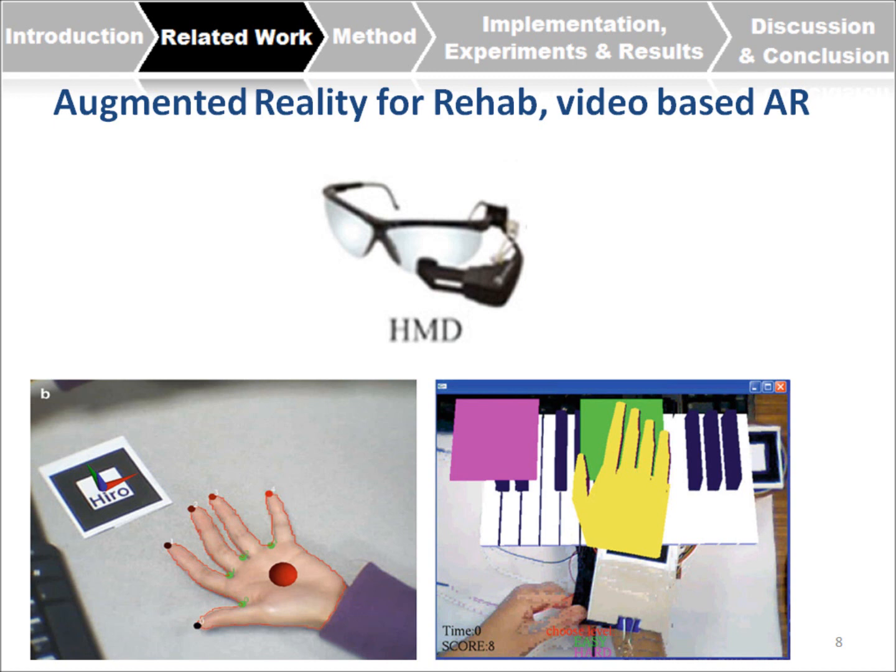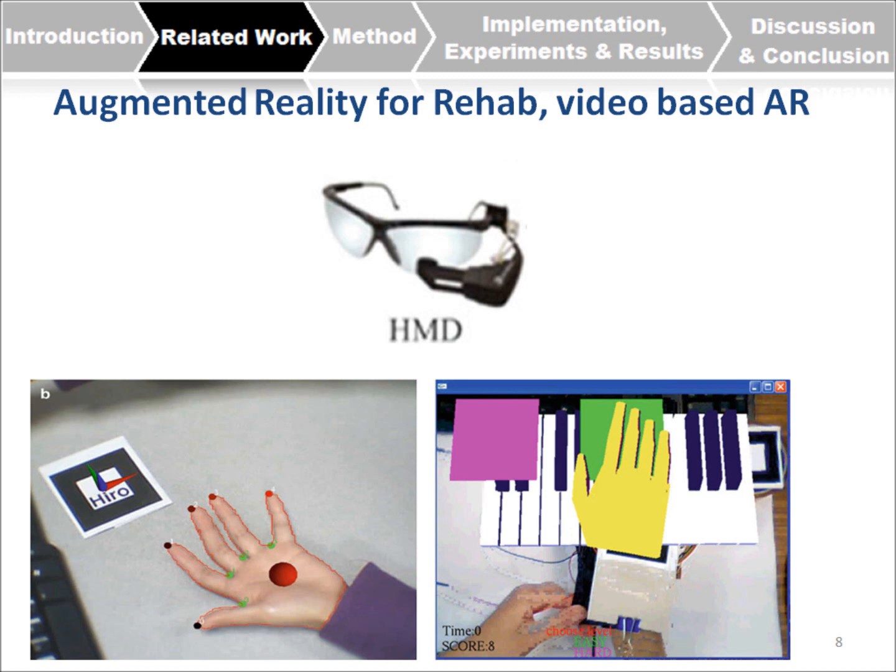Sometimes it is used for games. It can be used for human-computer interaction. Usually, it uses head-mounted displays, or it uses projectors to project those extra visual information, the so-called augmentation.